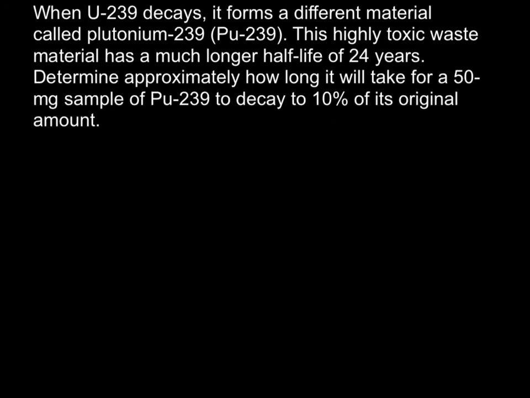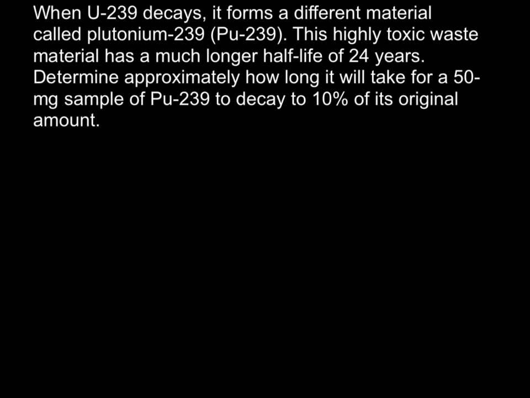Our next example is with regard to a radioactive material, U-239, which has a half-life of about 24 years. We are supposed to find the time that it takes for 50 milligrams of this material to decay to 10% of its original amount.